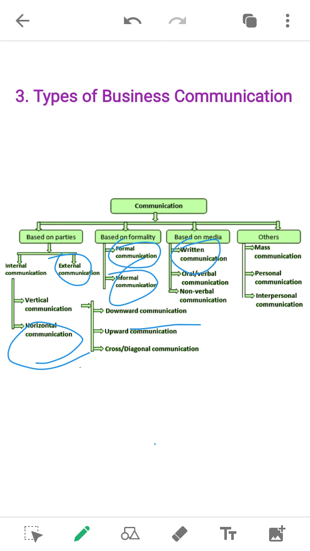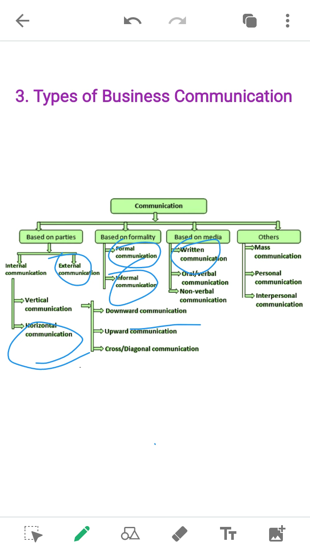Oral communication means speaking, meetings, video conferencing. These are the oral verbal communication that occurs orally. Non-verbal communication: in non-verbal communication, there is no use of words, and it can be expressed through body language or gesture or some other ways.